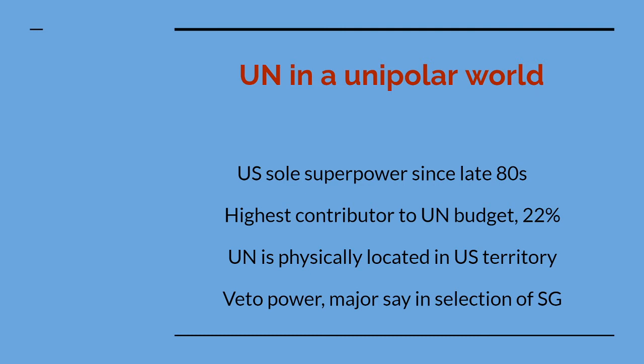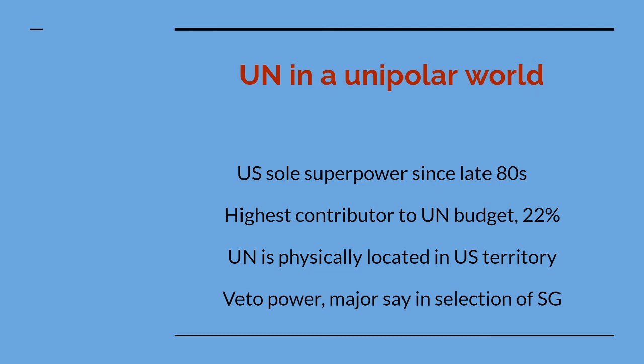The US has a major say in the UN by virtue of various reasons. Of course, the first is the US is the sole superpower since the late 80s after the collapse of the USSR. It is the highest contributor to the UN budget, contributing 22% of it. The UN headquarters are also located in US territory, which adds to the advantage of the US.